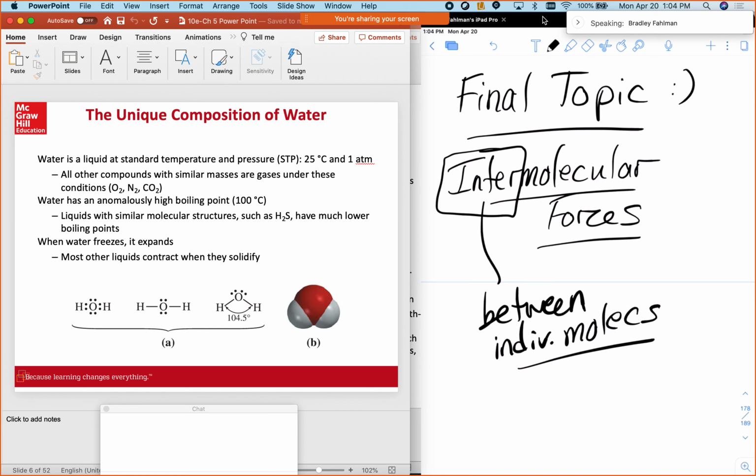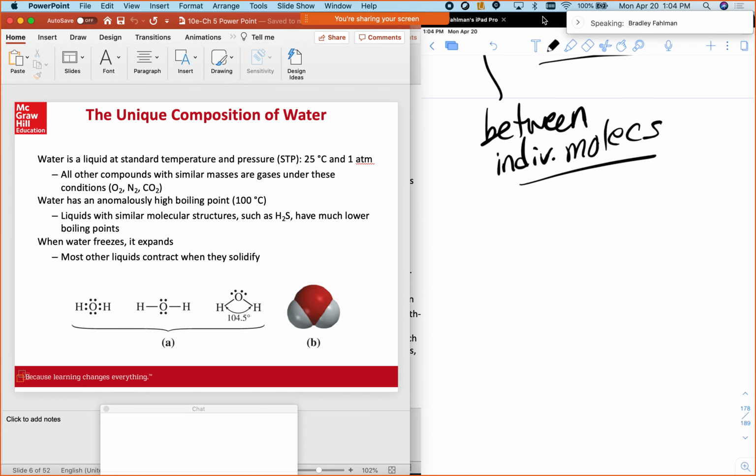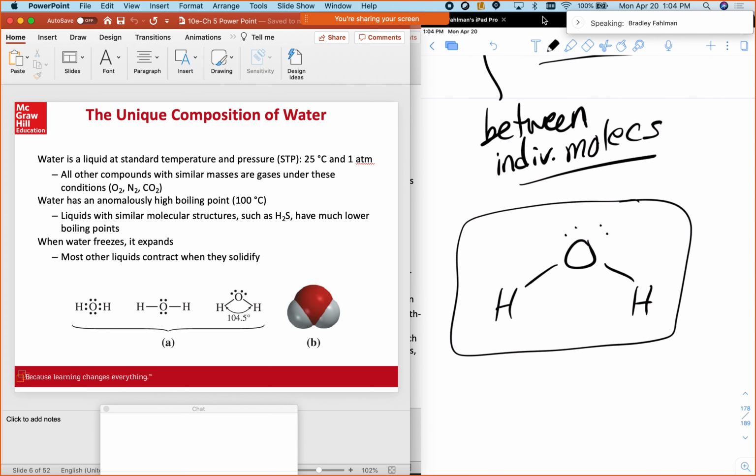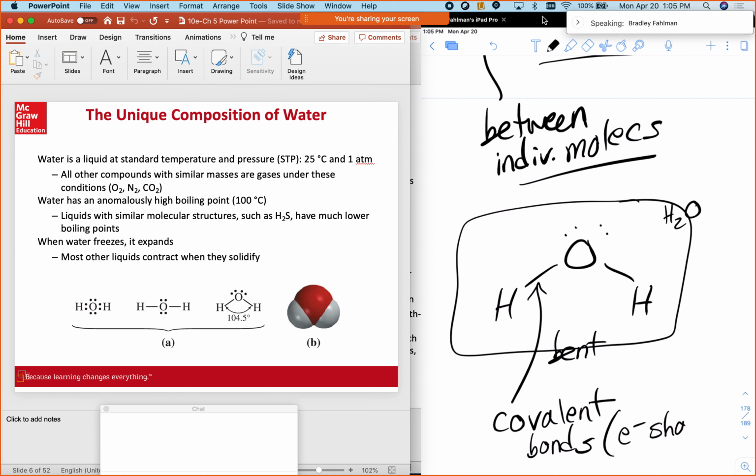Okay. And so what we've been talking about so far, water is shown over here in the PowerPoint. If I show the Lewis structure and VSEPR, the shape of it, we say that this is a bent shape of the molecule. These bonds we know as covalent bonds. And so that means electron sharing, right?